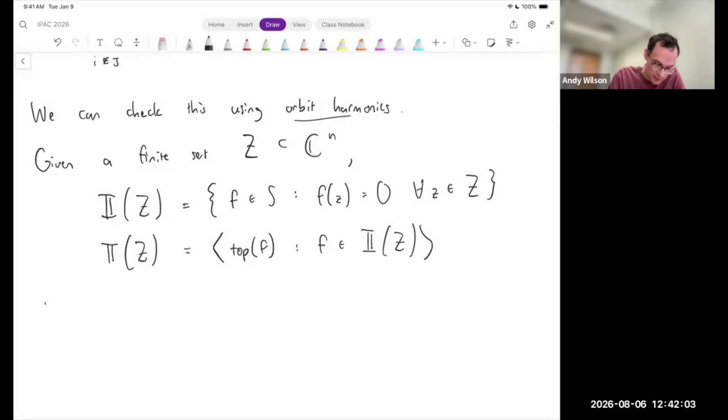The fundamental theorem of orbit harmonics is that we have vector space isomorphisms, in some cases graded vector space isomorphisms.